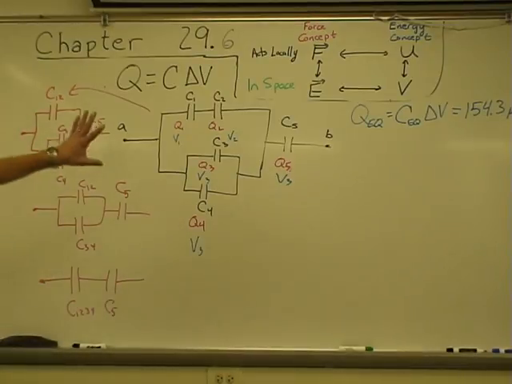Okay, now, I know that the charge over the whole capacitor is 154 microcoulombs. That's part one. Prepare to start part two.